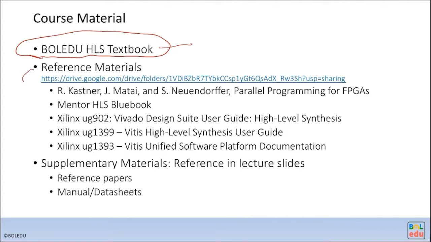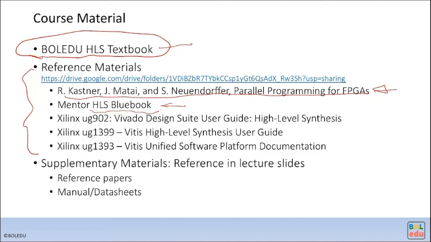And there are other reference manuals. This one is very popular. It talks about some of the hardware design issues using high-level synthesis. Mentor has an HLS Blue Book, which of course targets the Mentor Catapult tools.